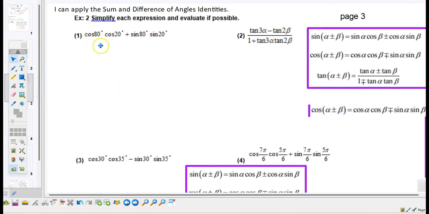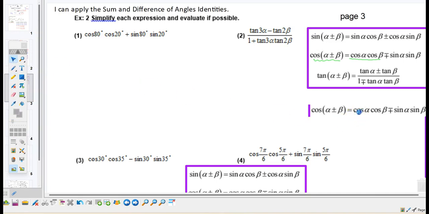So I am going to analyze the structure of the expression. I see I've got cosine, cosine, plus sine, sine with the 80 and the 20. So looking over here, the cosine together comes from the cosine sum difference expression.